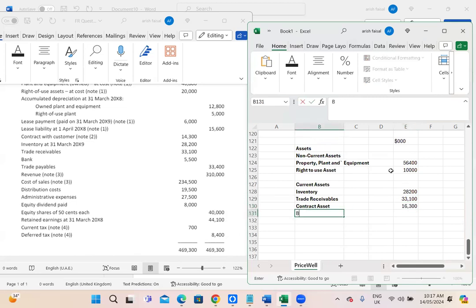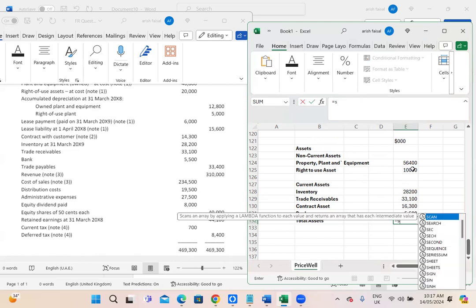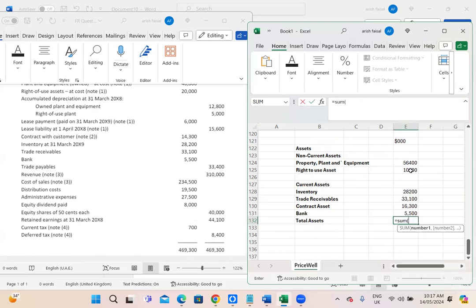And we have the bank balance also, which is at 5,500. So this gives me my total assets at 149,500, I suppose.